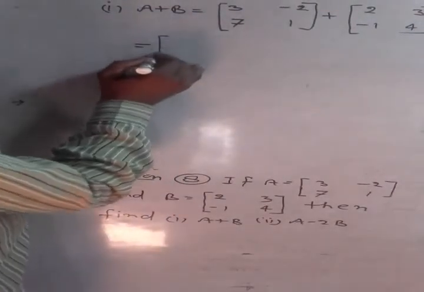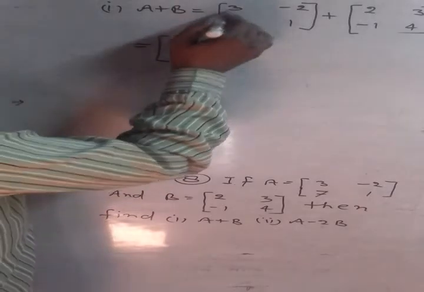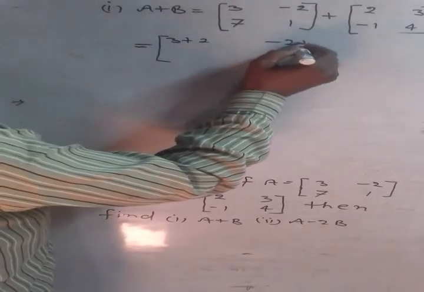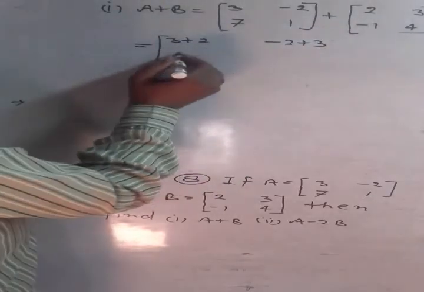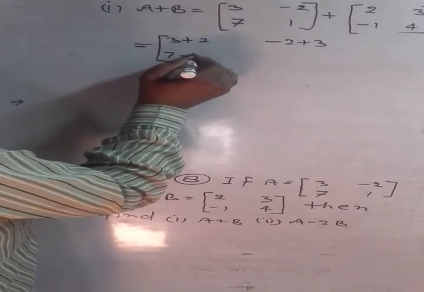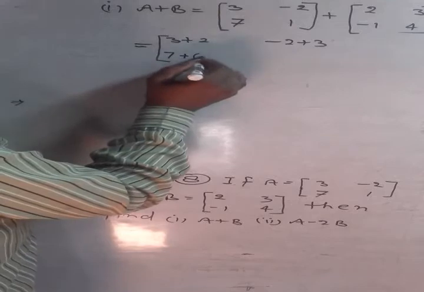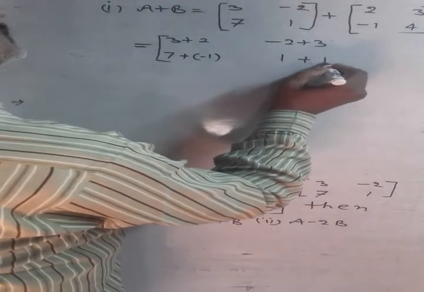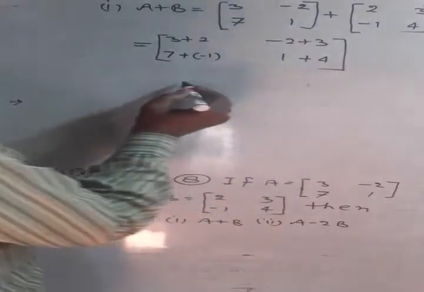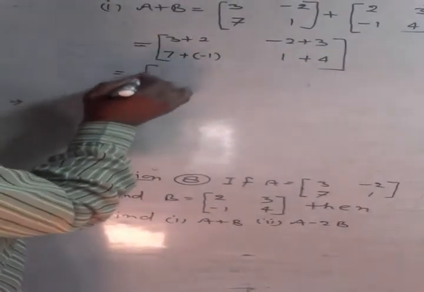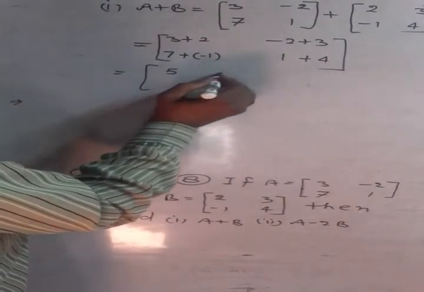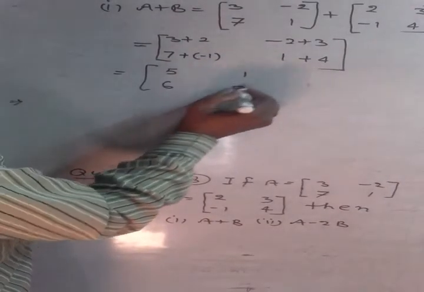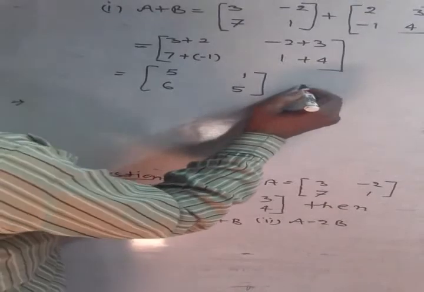That is 3 plus 2, minus 2 plus 3, 7 minus 1, 1 plus 4, which is 5 1, 6 5. That is the answer.